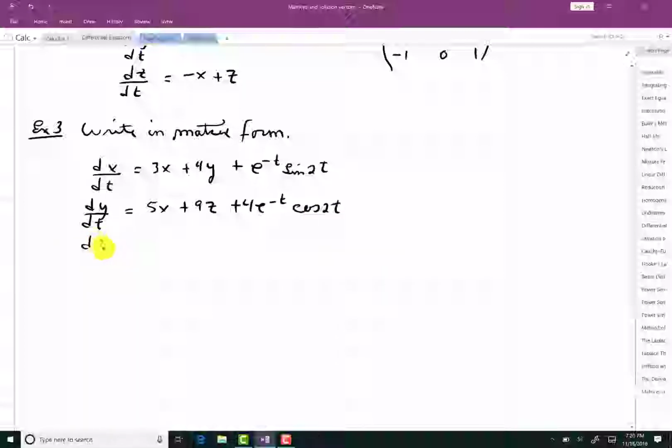And then finally dz over dt equals y plus 6z minus e to the negative t.